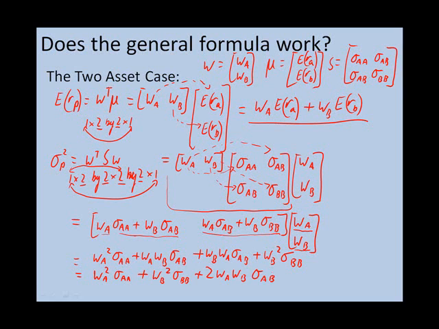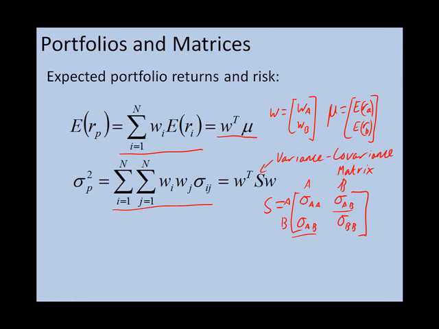That's the formula that we've seen before. That means that our formulas on the previous slide for portfolio variance and expected returns that use matrix algebra are correct. We'll be able to use them in Excel.